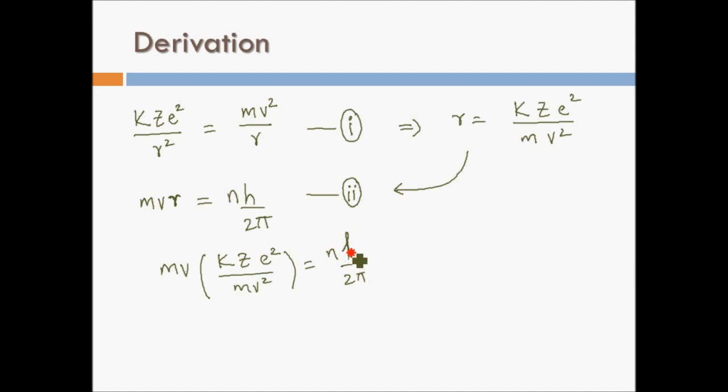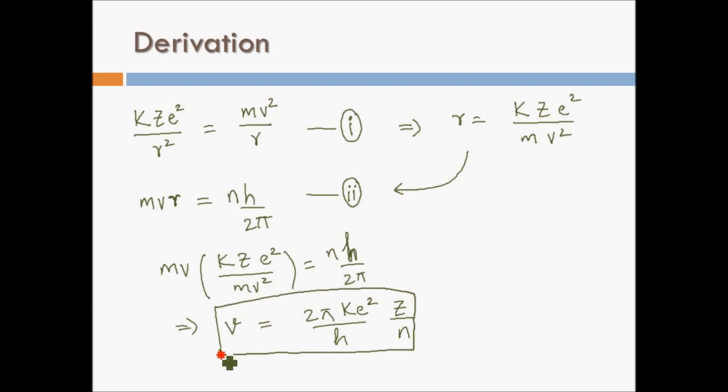This is our h, Planck's constant h. So from here we have directly got the value of velocity v as 2 pi k e square divided by h into z divided by n. So this is the value of velocity of electron moving in orbit number n of an atom with atomic number z.